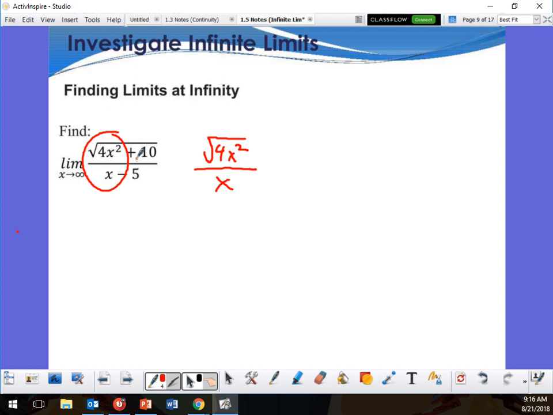Because this, meh, as I go to infinity, I keep getting bigger and bigger, right? So what's going to happen here now? Okay, what's square root of 4x squared? What do we get? Say it. 2x over x, right? So now as I take that to infinity, I'm just going to get 2.